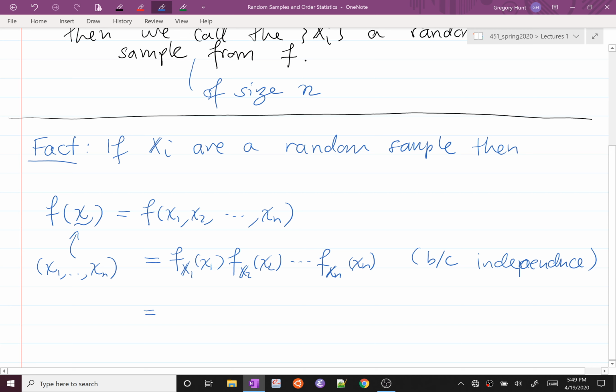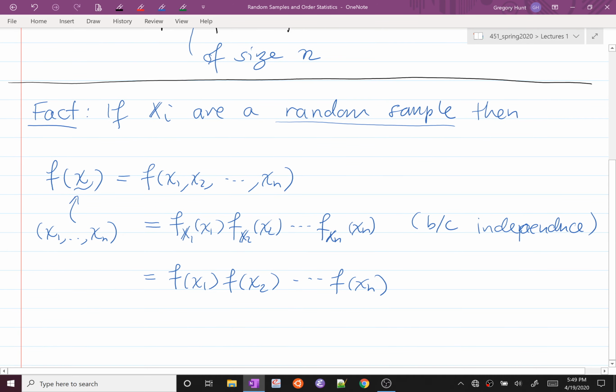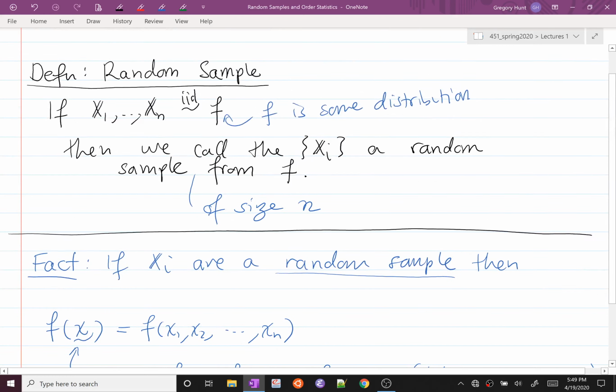But we note that because they're a random sample, they're not only independent, but they have the same distribution. So all these f's are the same, so let's just drop the subscripts. This is a slightly different f than the joint. This is the marginal f. Back up in my definition, this is the f that we're talking about.